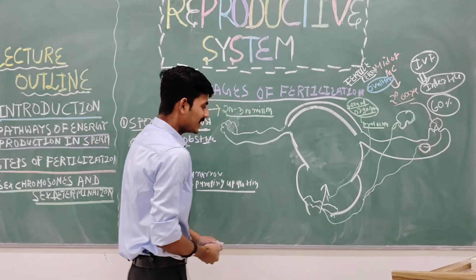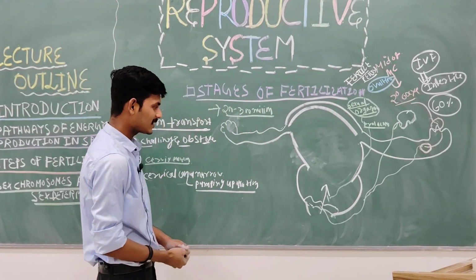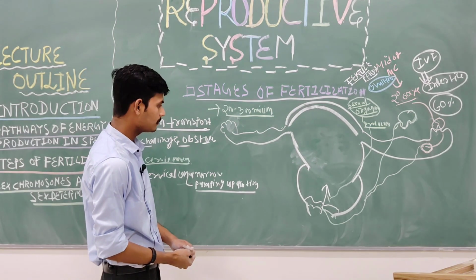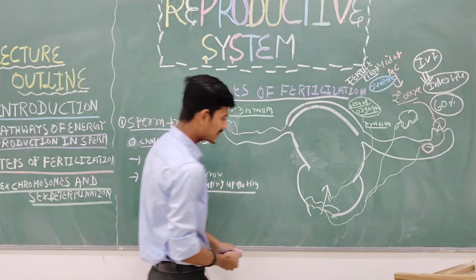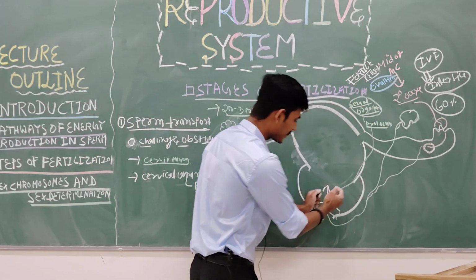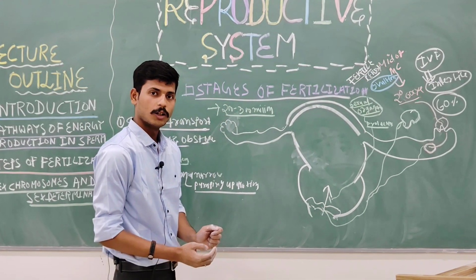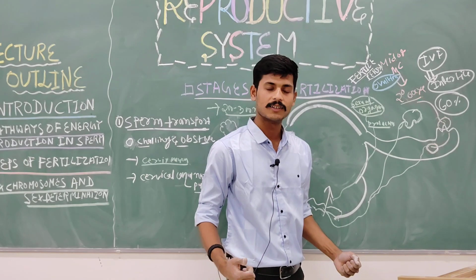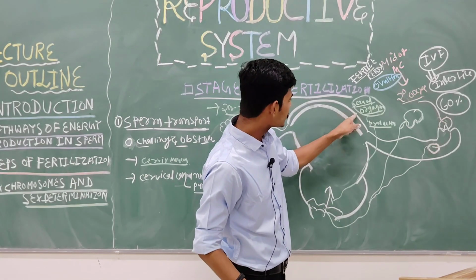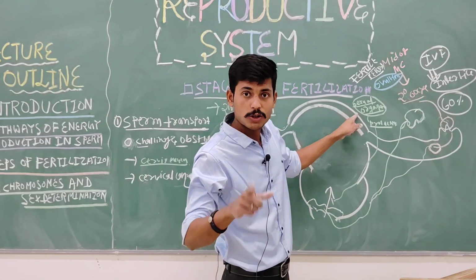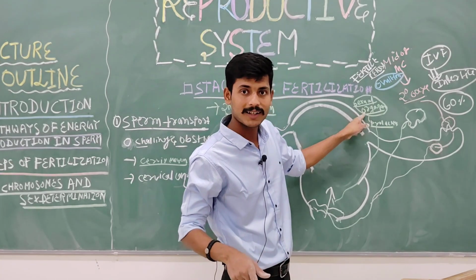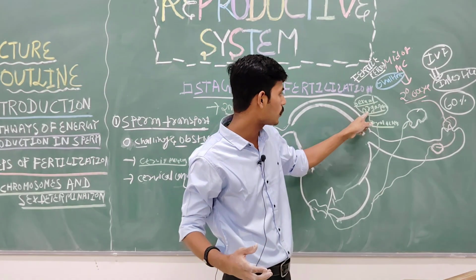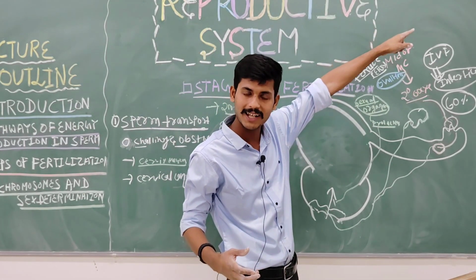Next, the challenge faced by the sperm in order to fertilize the egg is the narrowness of the cervical canal. For that also, the egg is ready, the female is ready, because during intercourse there is a sexual orgasm, which is mainly mediated by the hypothalamus.